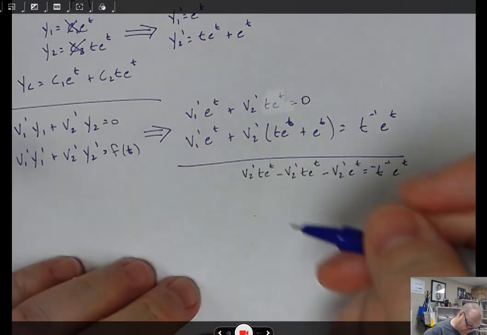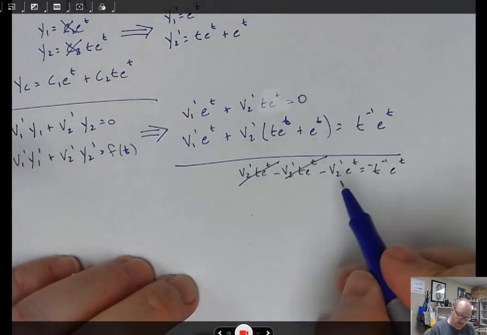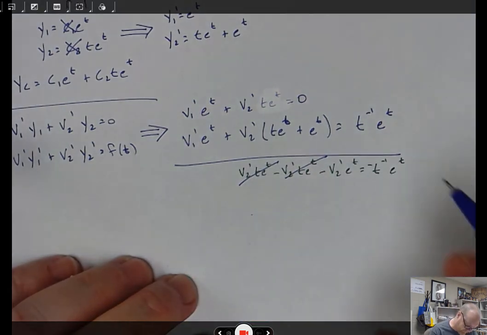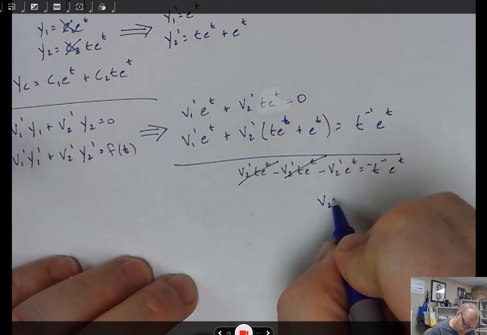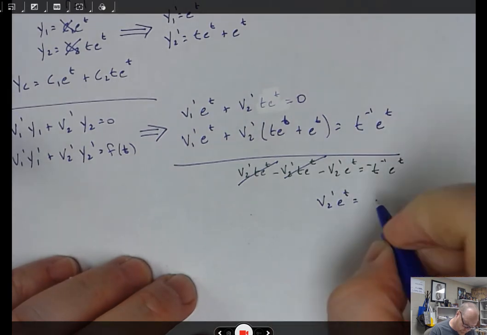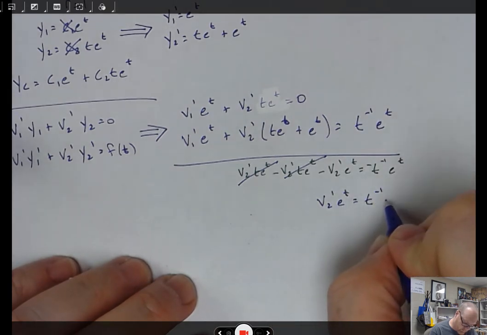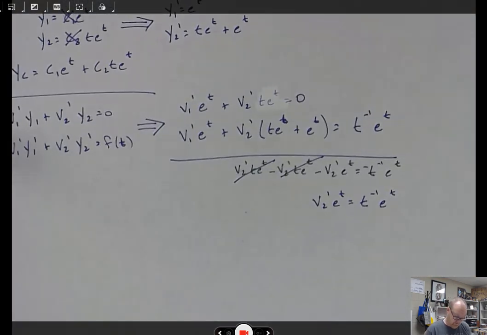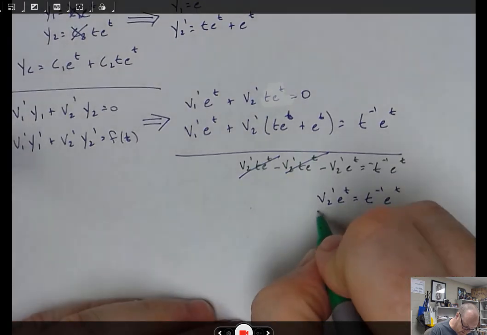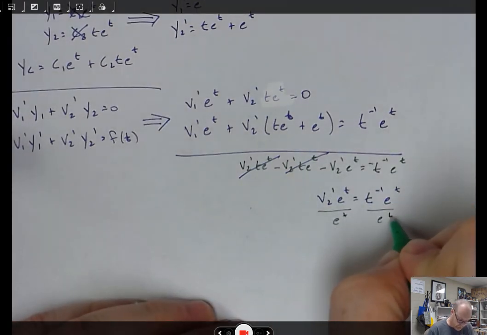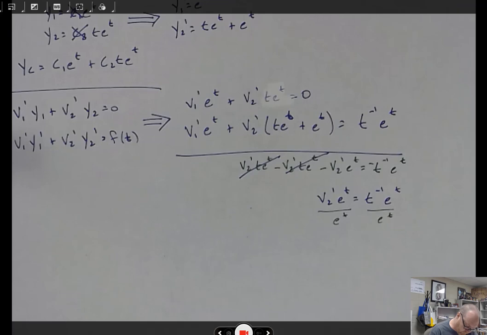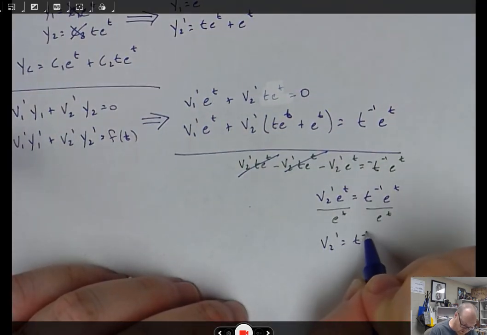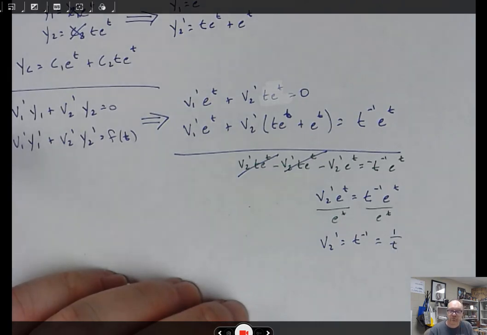So it looks like these two things go away, and there's a negative left on both sides. I'll just divide out that negative, and also divide out e^t. So v2 prime is equal to t^-1, or 1/t.